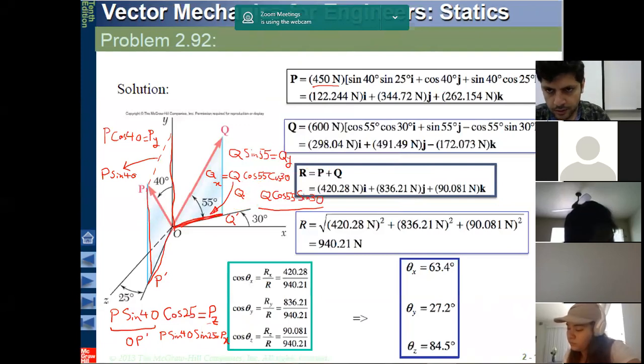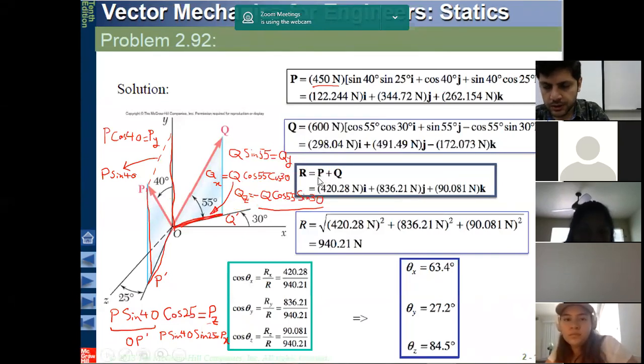So now that you have two vectors, you simply add them to get the resultant force. And based on these formulas, you can also calculate the angles between the vectors and the axes.